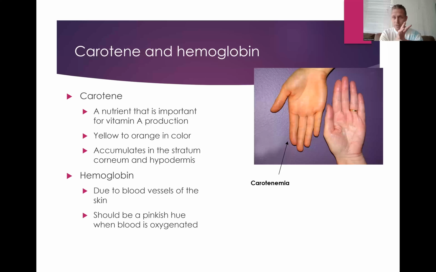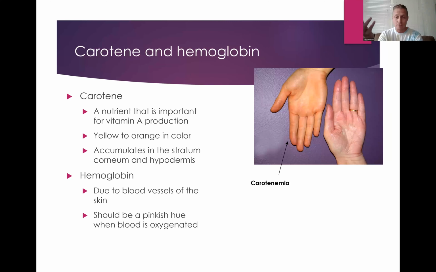All right, so that was one big one, melanin, that adds to skin color. Another one is carotene. Carotene is a nutrient. It's actually a precursor to vitamin A, and you use vitamin A for a lot of different things in your body. It creates a yellow-orange pigment, and you can actually change the color of your skin and become more of an orange color based on your diet.